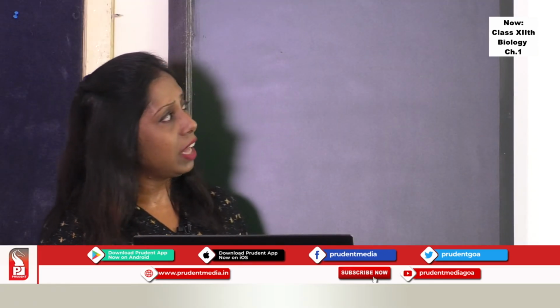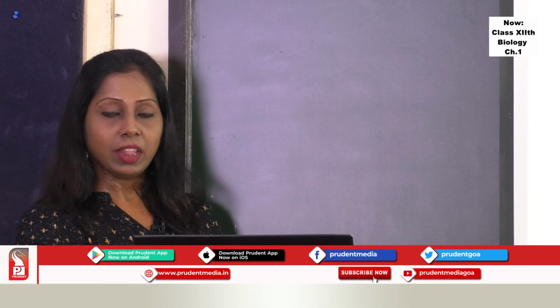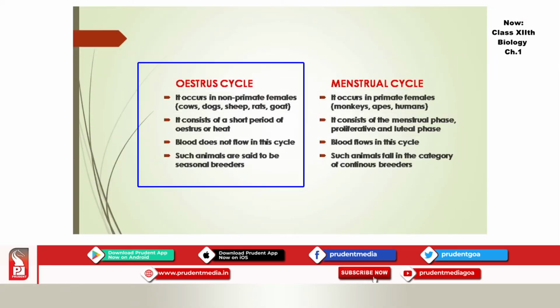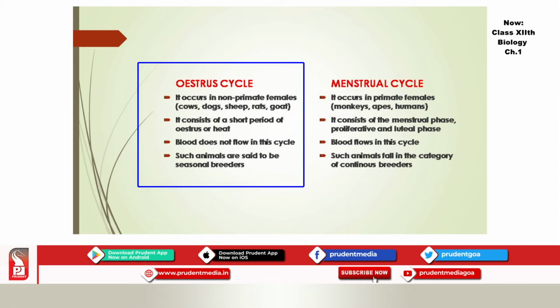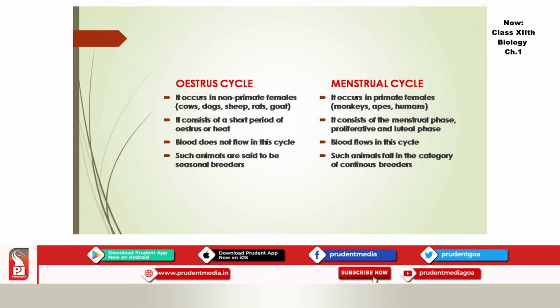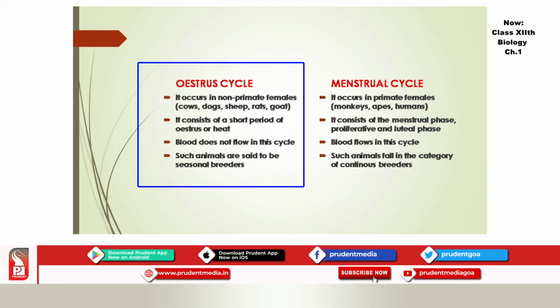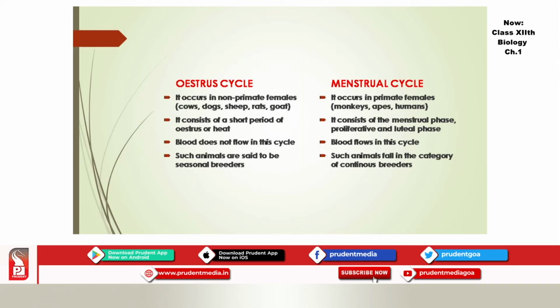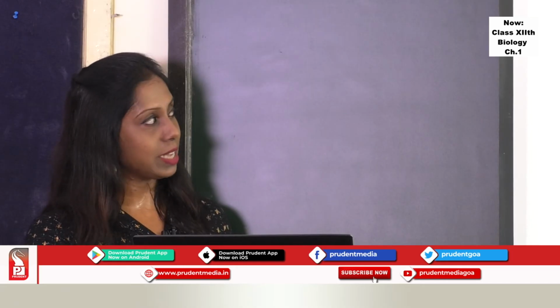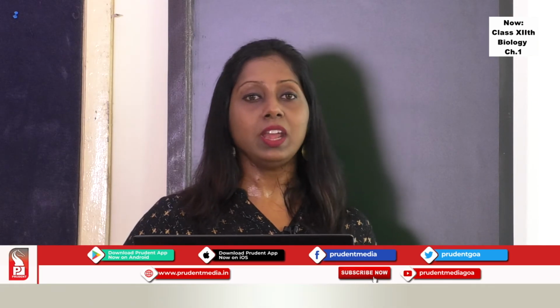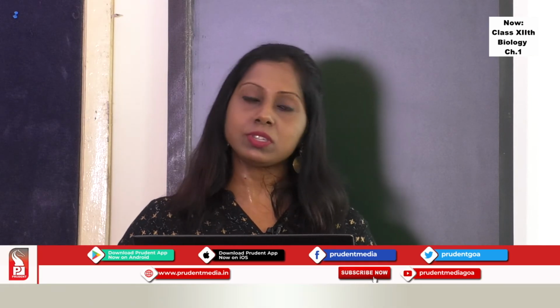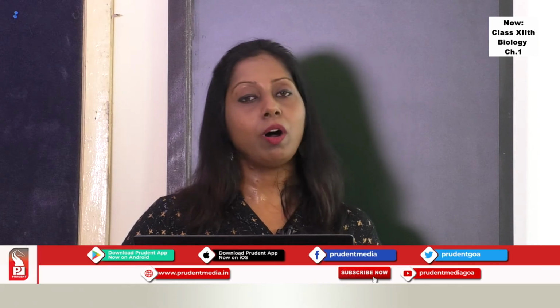Whereas non-primate females have a cycle known as the estrous cycle. This estrous cycle is seen in non-primate females like cows, dogs, sheep, rats, goats, etc. So non-primate females show the estrous cycle, and primate females show the menstrual cycle. These cycles tell us that the individual is sexually active and is ready to produce gametes which can fuse or fertilize.